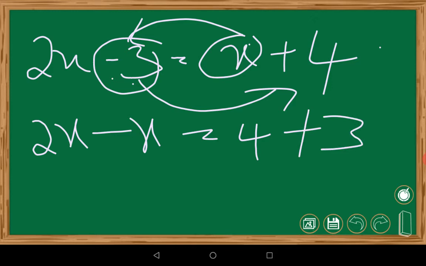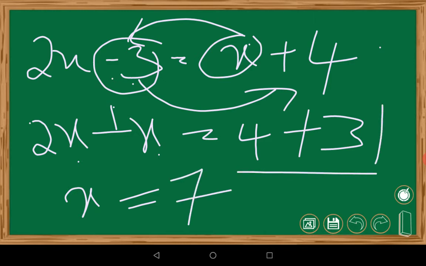Now 2x minus x: here no number is there, it means 1x. So 2 minus 1 is 1, so 1x, or x also you can write. x is equal to 4 plus 3, which is 7. That's all. Very simple.